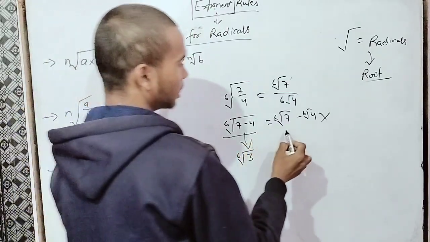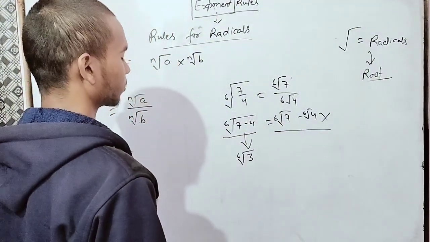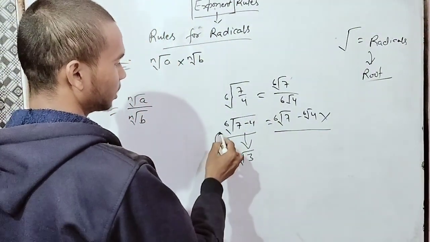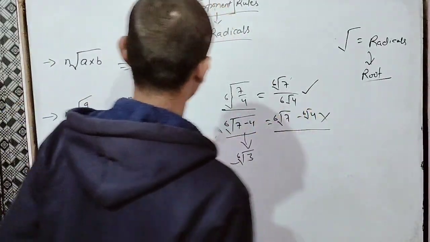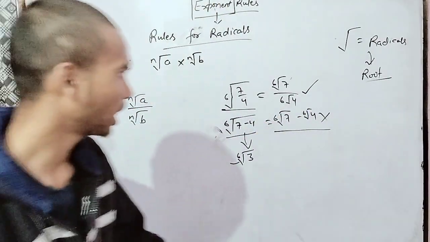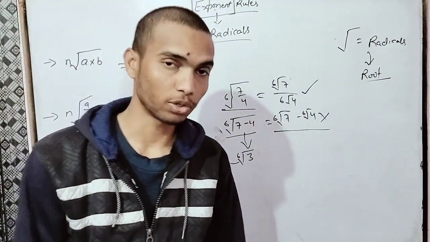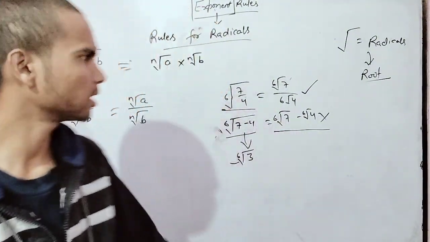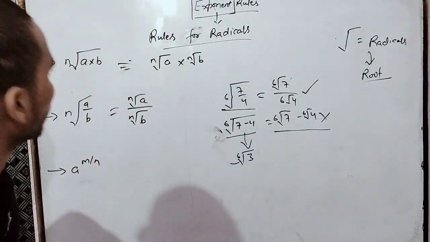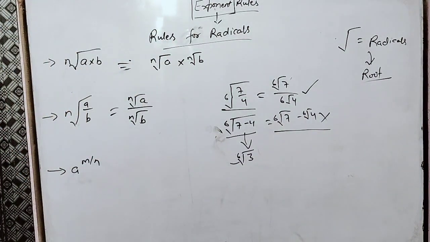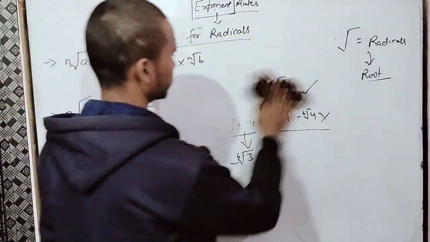So it can't be written like that. It can be written like that. This is the solution. Okay. This is right. In the case where we have subtraction or addition inside the base, we can't write like that. Clear? We can say there are no rules of addition and subtraction in the case of radicals. So next.